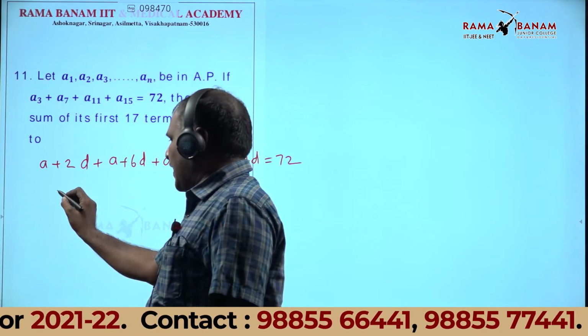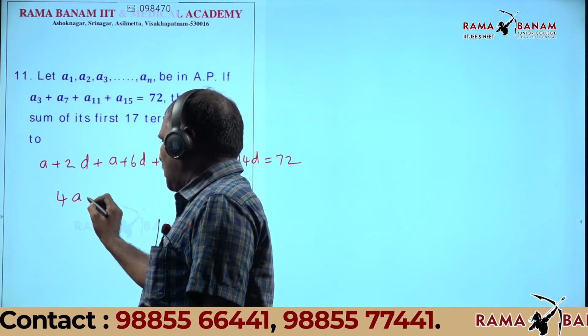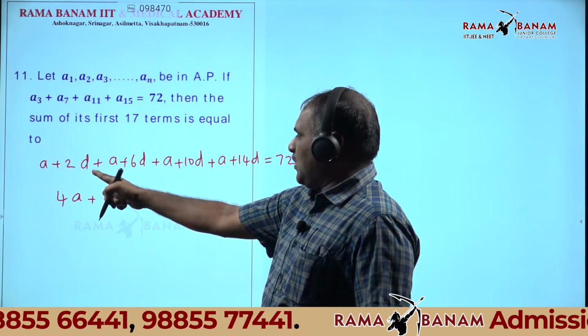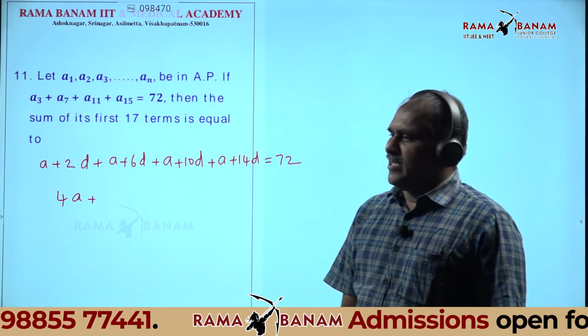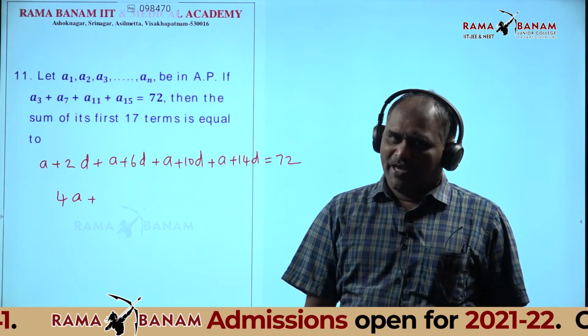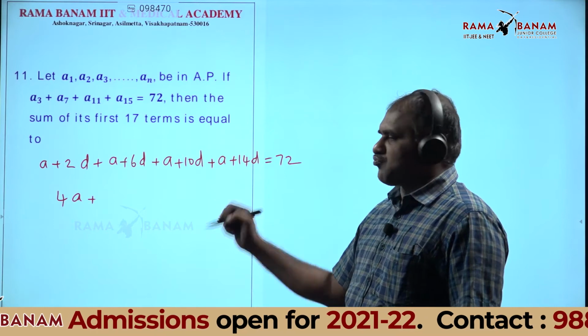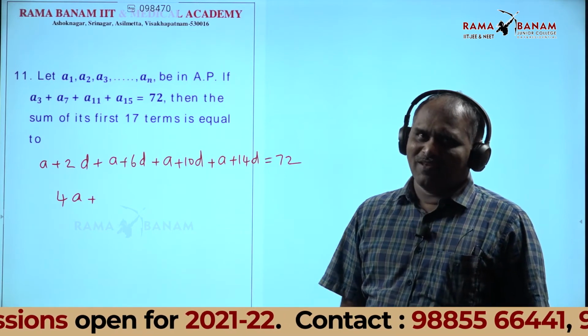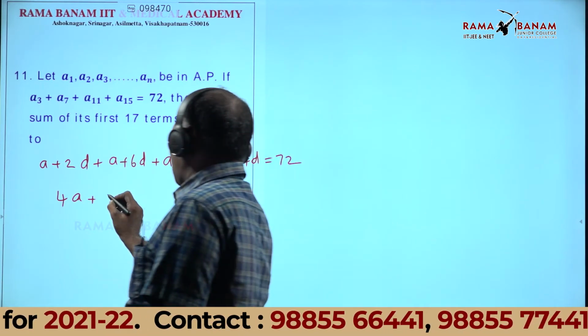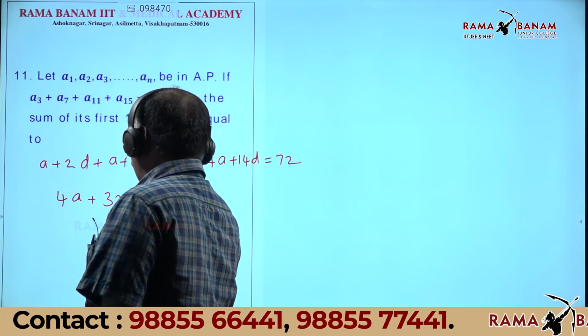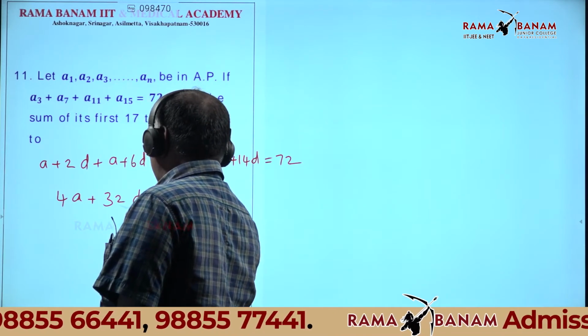4 times A, 4A, plus 2D plus 6D is 8D, 8 plus 10 is 18D, 18 plus 14 is 32D, is equal to 72.